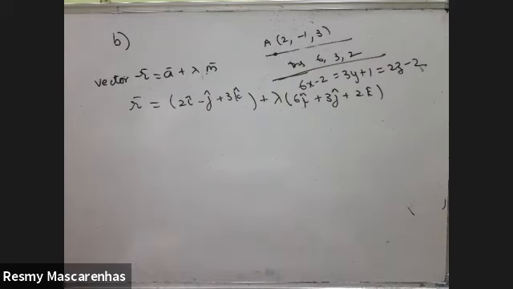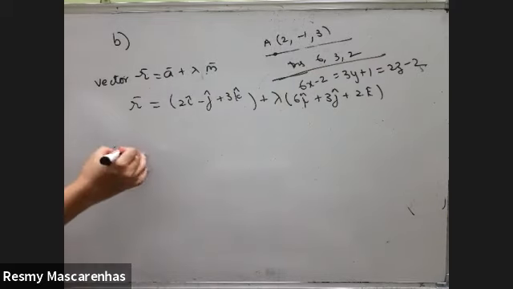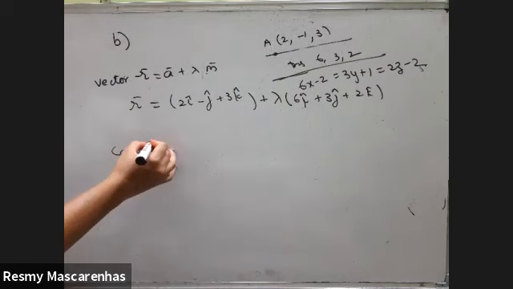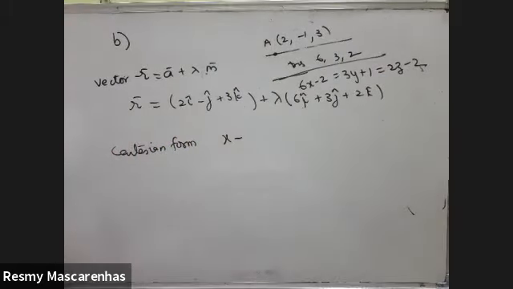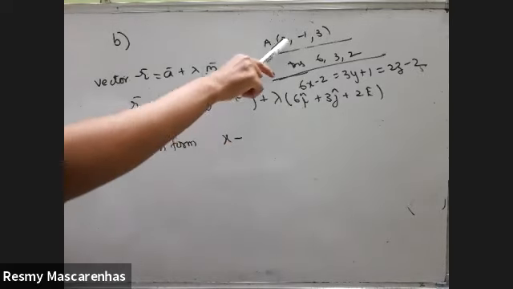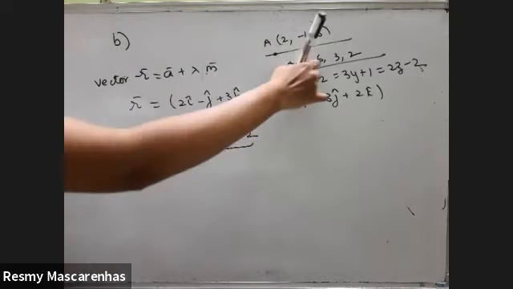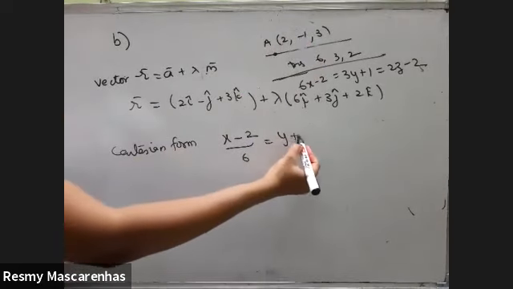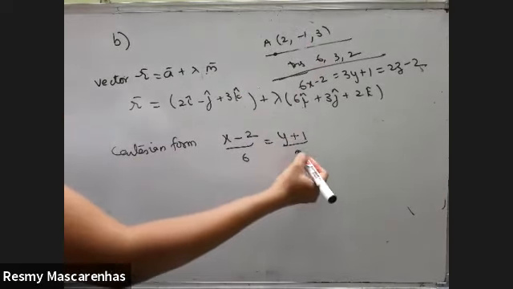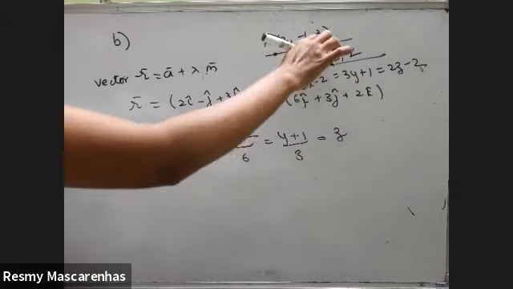In Cartesian form, I'm not writing the formula now, I'm straight away writing the equation. So x minus the point upon the direction ratio, y minus the point, minus of minus will become plus 1 upon 3, and this will be z minus.